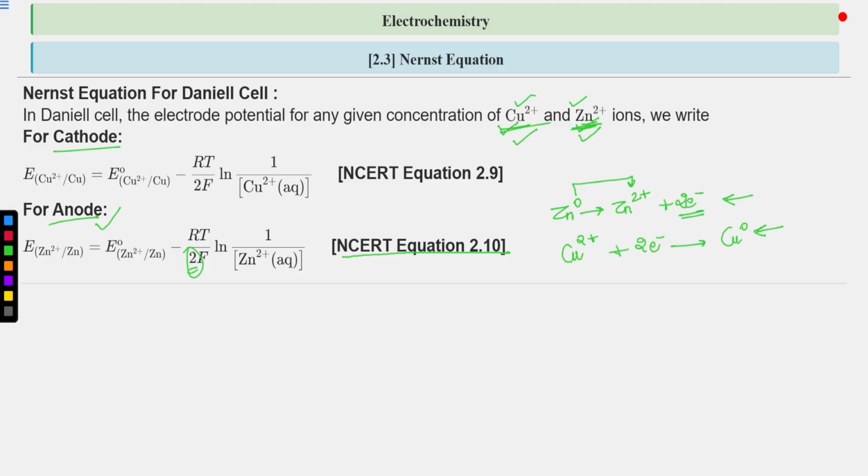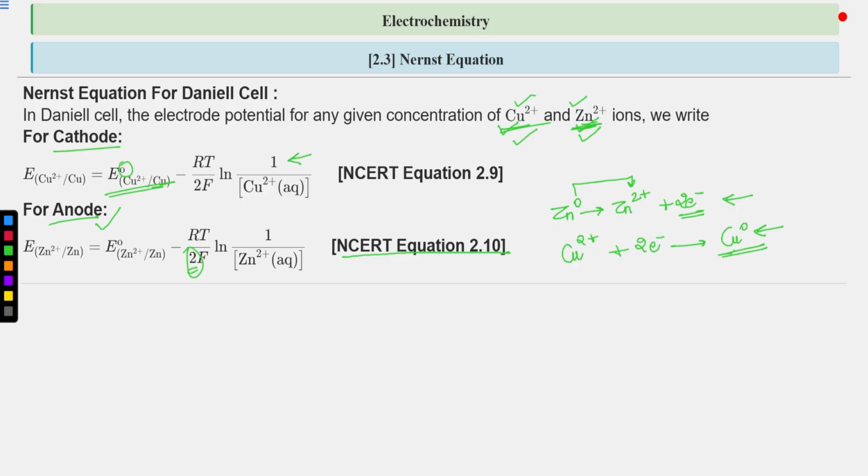Now if you write the Nernst equation for the cathode, it will be E, or you can say the EMF of the electrode potential of copper, equals E naught, the standard potential of the copper electrode, minus RT by 2F ln 1 upon copper 2 positive aqueous. Here we write 1 because we consider the concentration of the copper we gain after the reduction process to be 1.